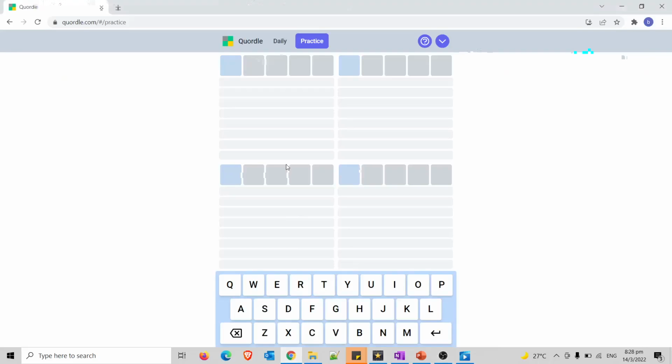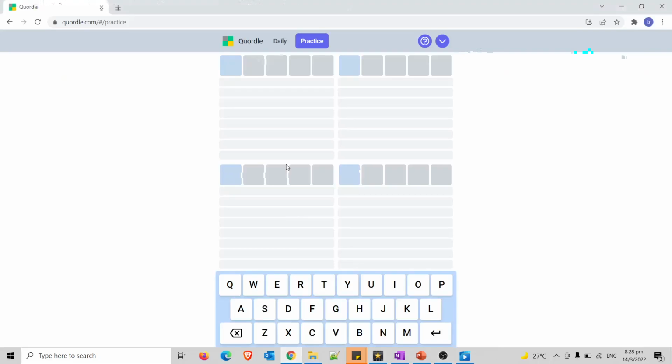For this one we are left with T, E, N, S. So Stein is the word. Stein. Okay, so here we have I and N at the correct spot now, and E and R at the wrong spot.